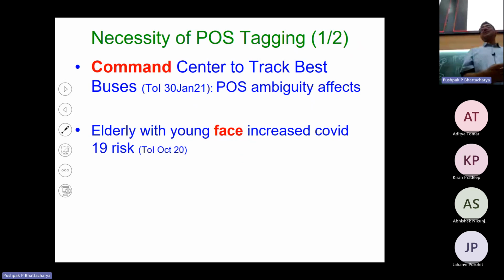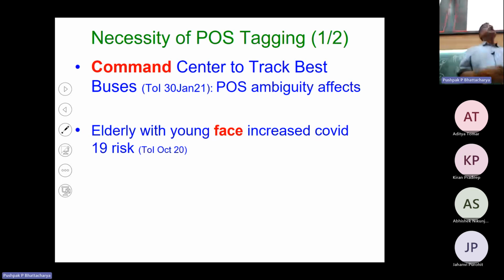If the part-of-speech tag of command is taken as verb, then it has a very strange meaning. It is asking us to give an order to Delhi to track the Mumbai buses, which is particularly odd.